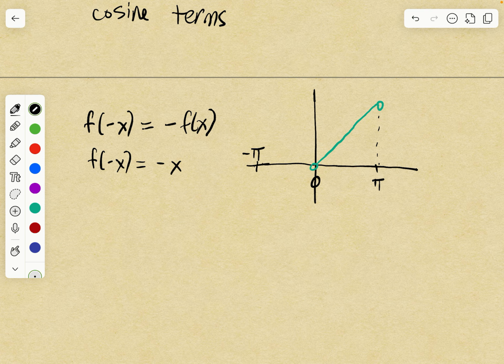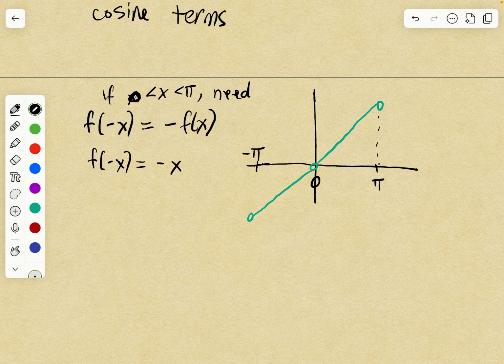Well, that's just going to look like this. So this is if x is between 0 and pi, if your function is odd.